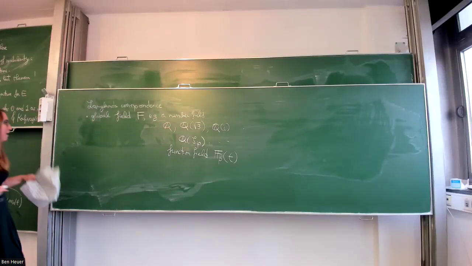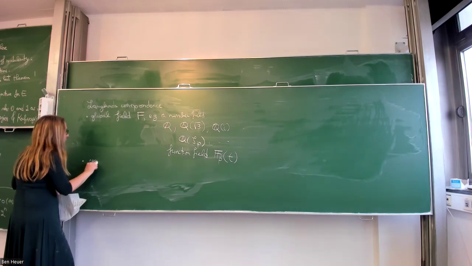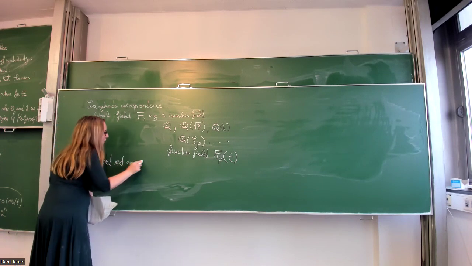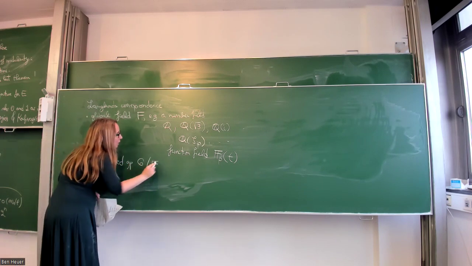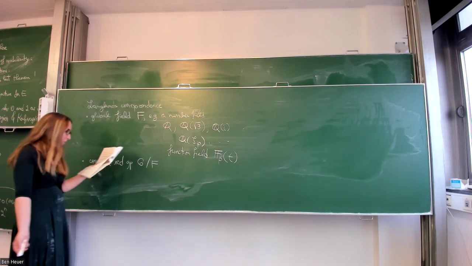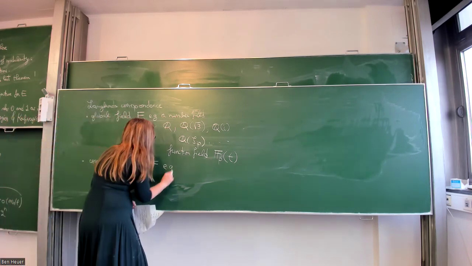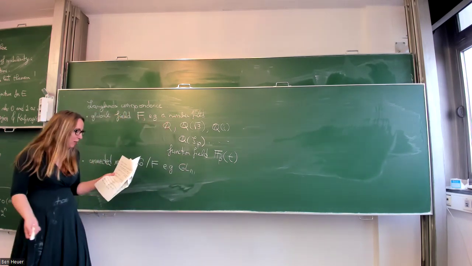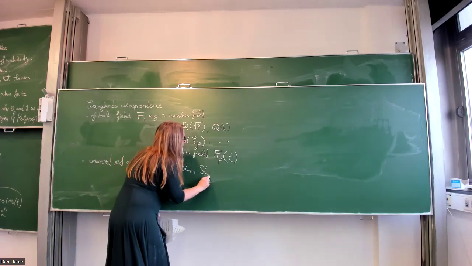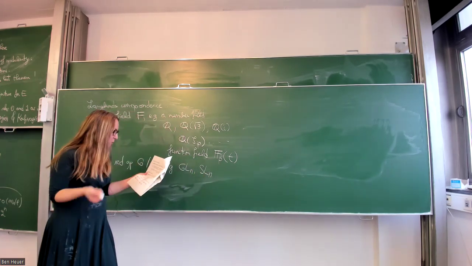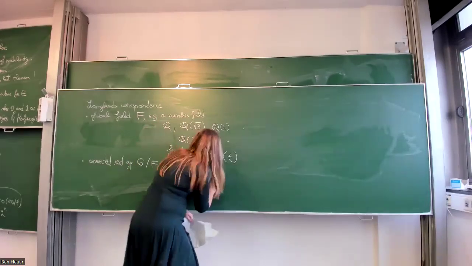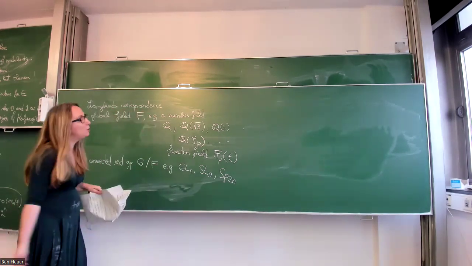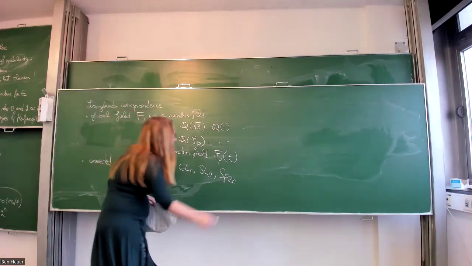And you need to choose something else, namely a connected reductive group G over the global field F. And here, as examples, I'm going to take GLn, the group of n by n invertible matrices, or SLn, the group of n by n invertible matrices with determinant 1, or 2n by 2n symplectic matrices that preserve a symplectic form, and so on.